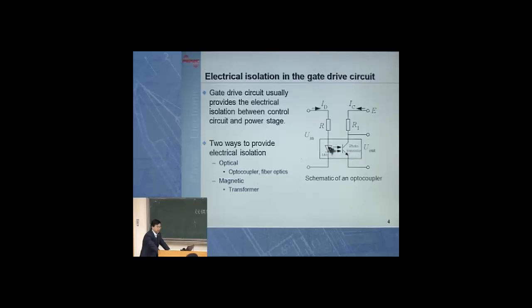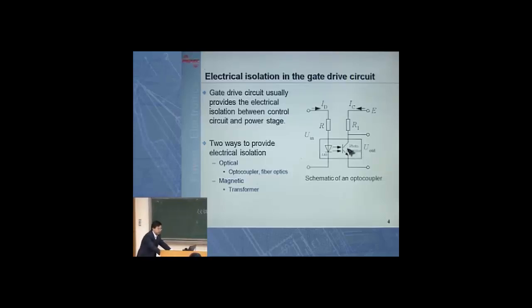The optocoupler actually consists of two things. One is an LED inside. The other one is a phototransistor. Once you have current flowing through this LED, you are generating light inside this optocoupler, and this light shines on the base area of the phototransistor, which is equivalent to generating a base current for the transistor.